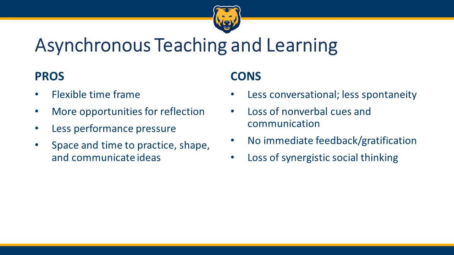There is still feedback, but it's not immediate. And so the biggest thing I think that you lose in asynchronous teaching and learning is that loss of the synergy that happens when people come together and they're talking things out in real time with each other. So that synergistic creation of knowledge that you can get in a synchronous space. So you lose that.